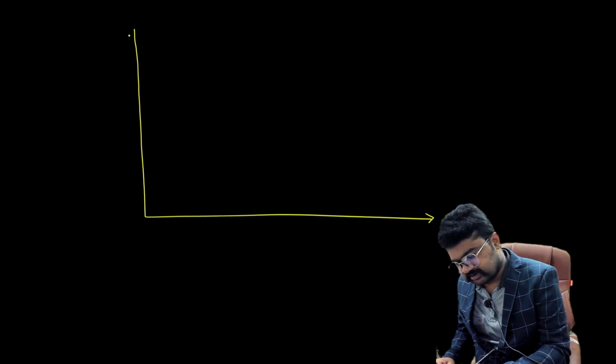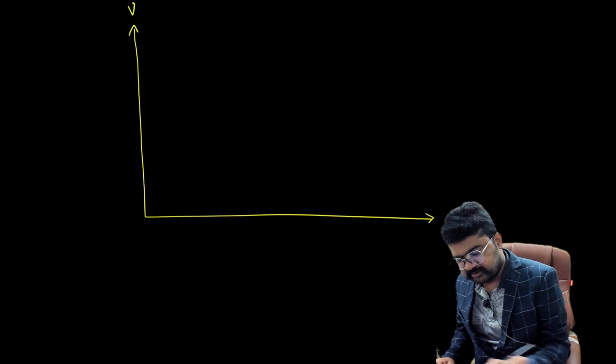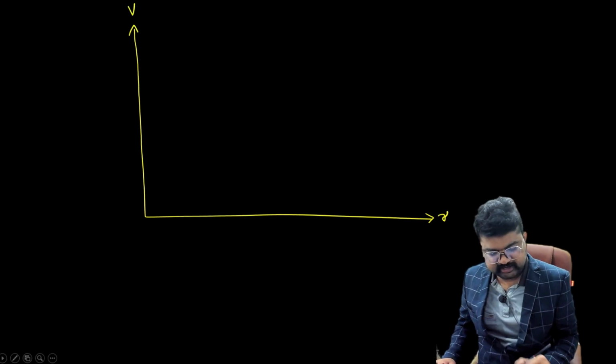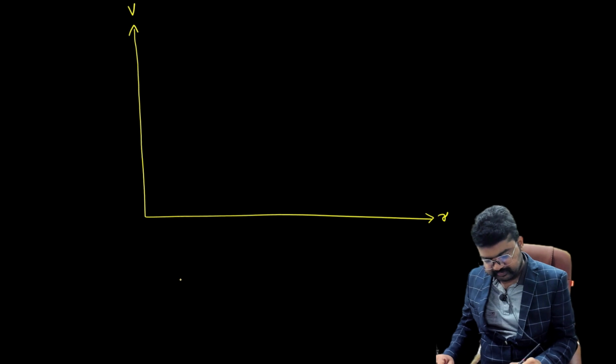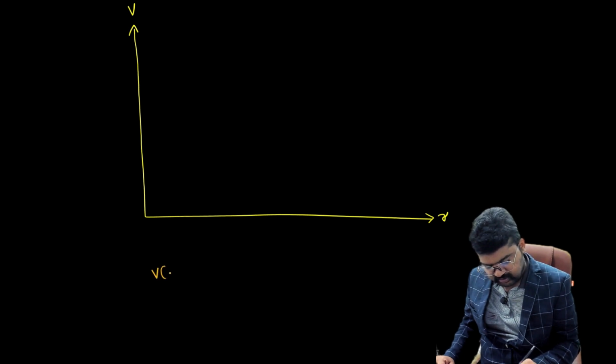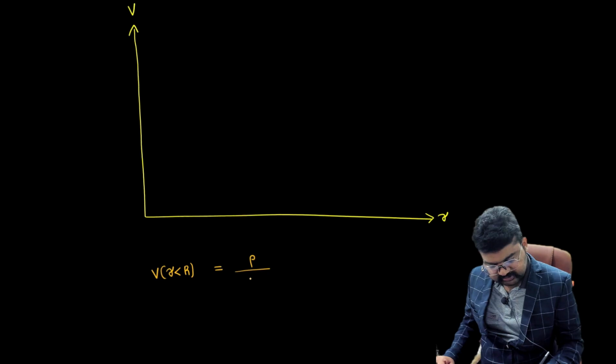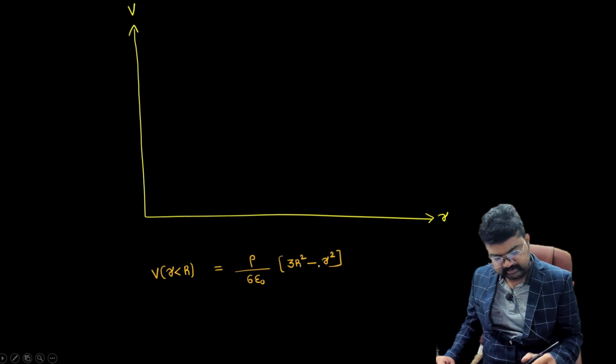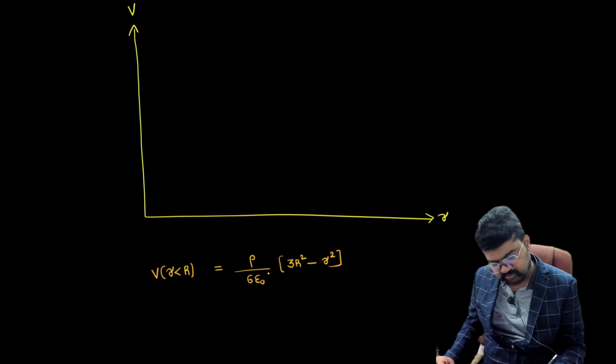I will explain this graph again. This is V, r is taken here. Now V of r for r less than R, that is equal to how much? Rho by 6 times epsilon naught, 3 times R square minus r square, with denominator R cube.